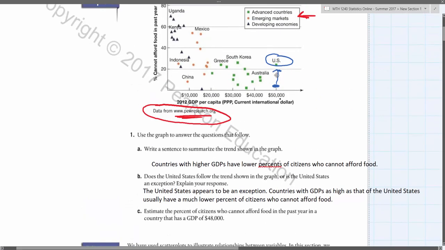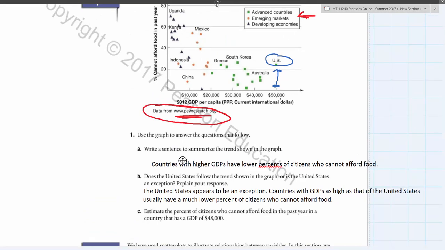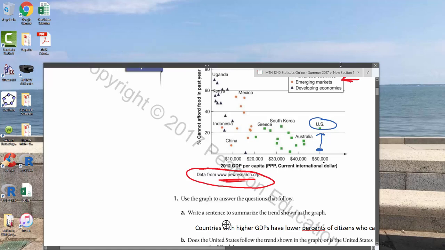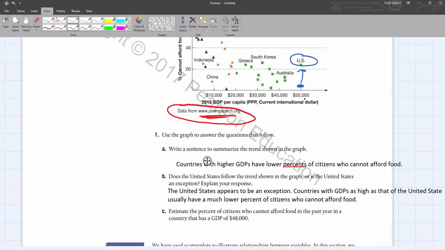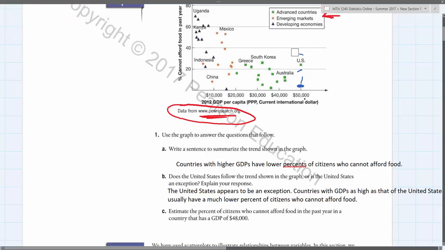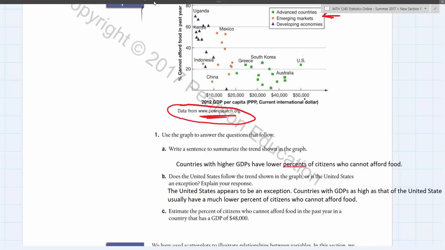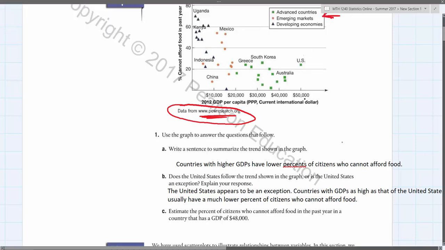If we look back up here, 48,000 GDP might be somewhere here.